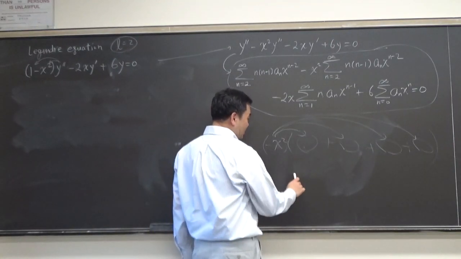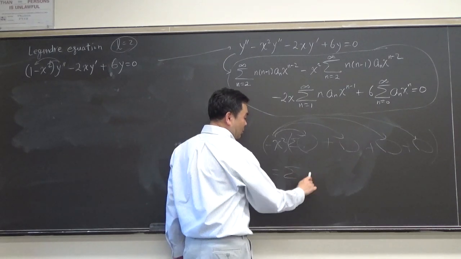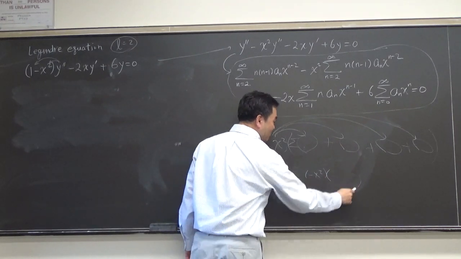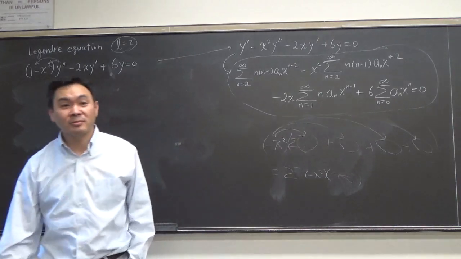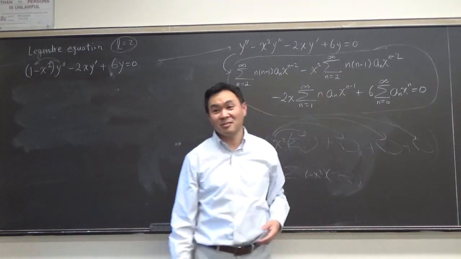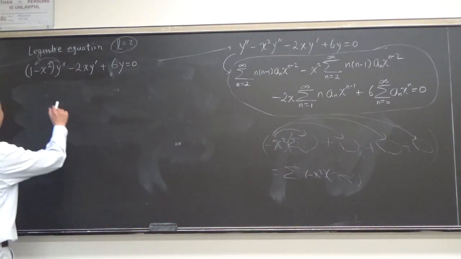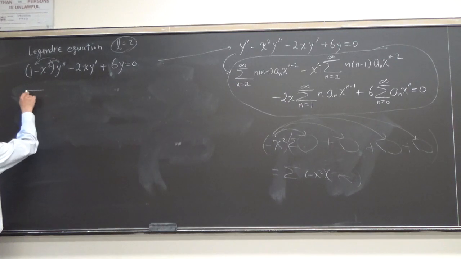What that means is that what used to be the sigma of these will now be sigma of negative x squared multiplied to everything that's in there. What I'm trying to say is that you can bring this inside. If you accept that, then we can now rewrite the equation in the following way.